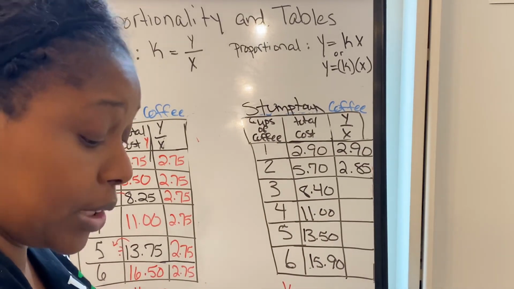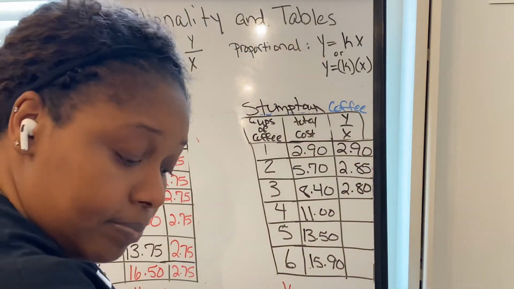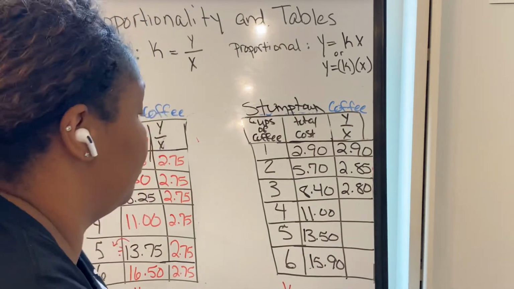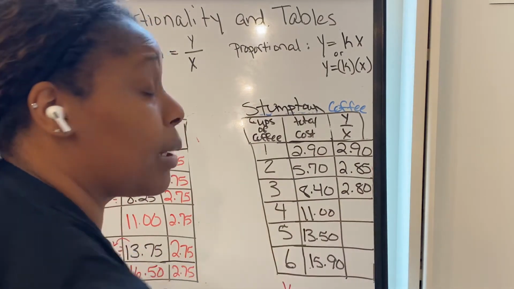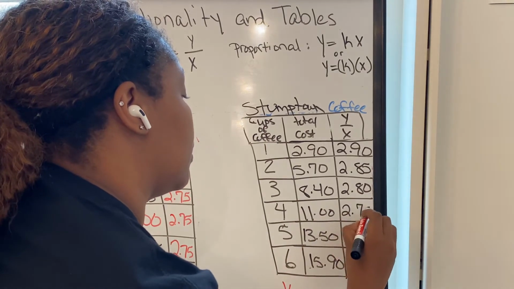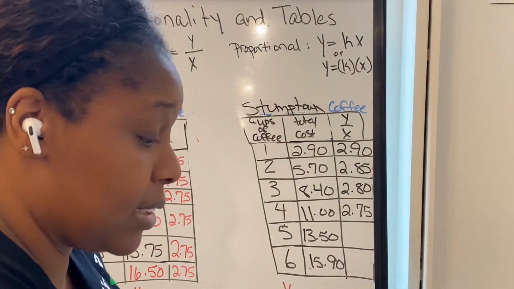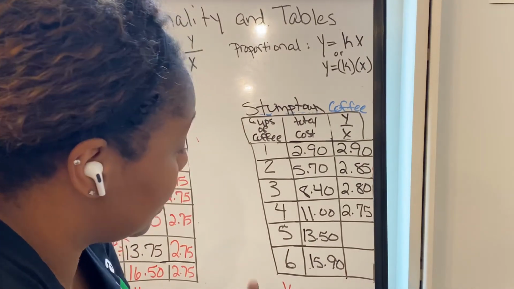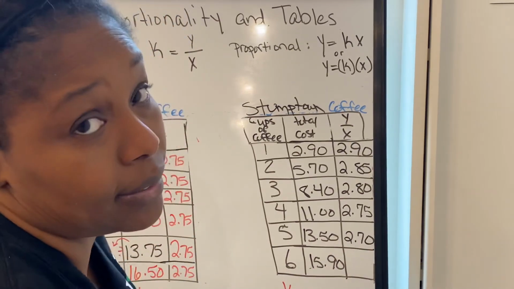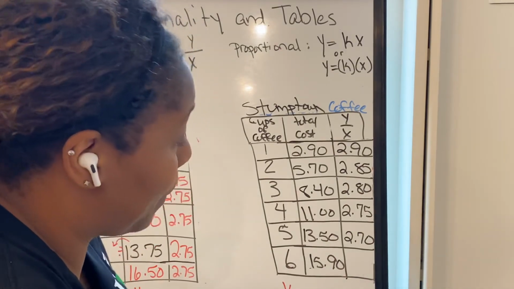Well, I'm going to tell you right now, that's going to be $2.80. What's going on here? Do we have anything that's constant? 11 divided by 4 is $2.75. $13.50 divided by 5 is $2.70. And then lastly, we have $15.90 divided by 6.